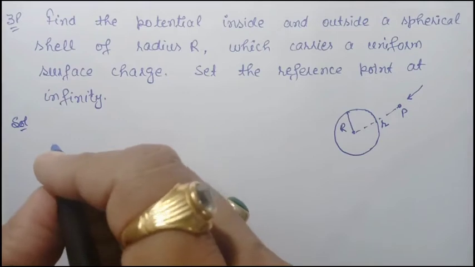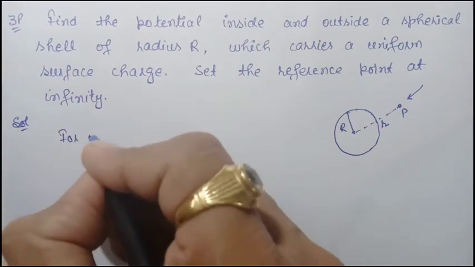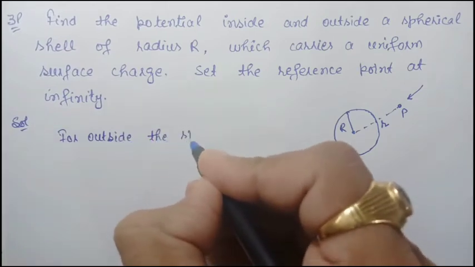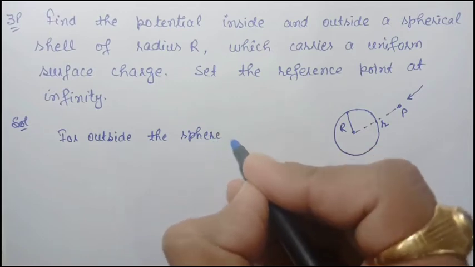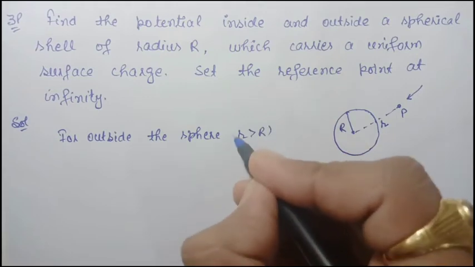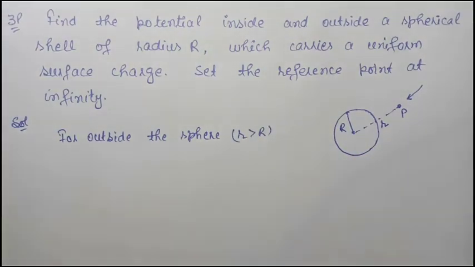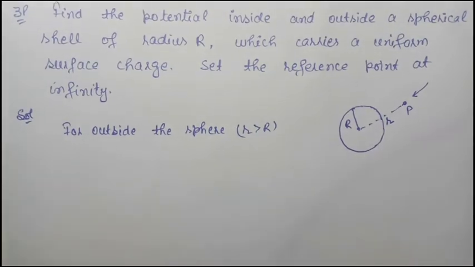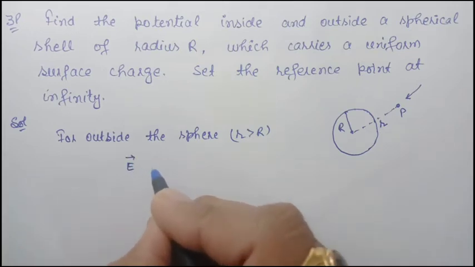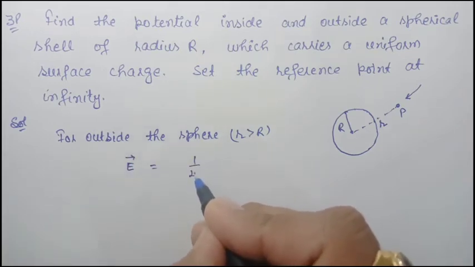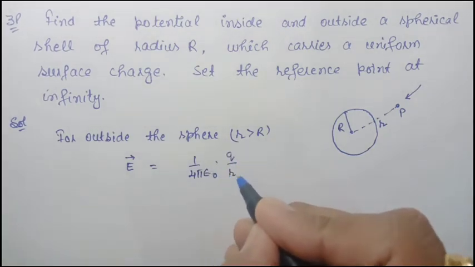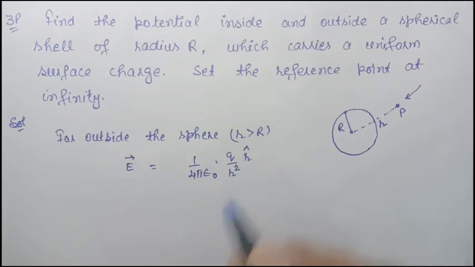Now here, for outside the sphere, r is greater than R. Okay, so in this case, electric field is equal to 1 over 4 pi epsilon naught into Q over r square r cap.